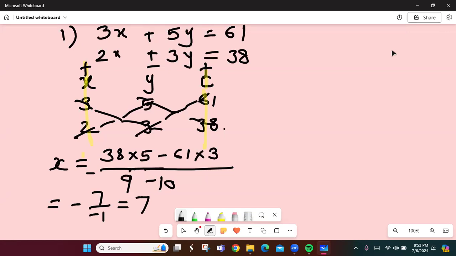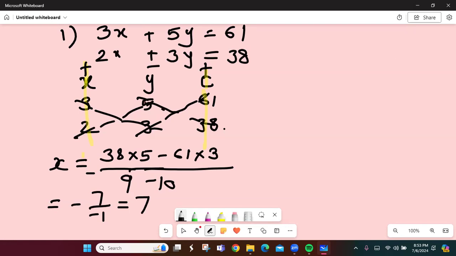So what you do is make three columns. In first column, write the coefficients of x. In second column, write the coefficients of y, and third column, write the constants which are strictly on the right hand side. On the top, write these signs, plus, minus, plus. So to find x value, just cancel the x column and multiply in this way.